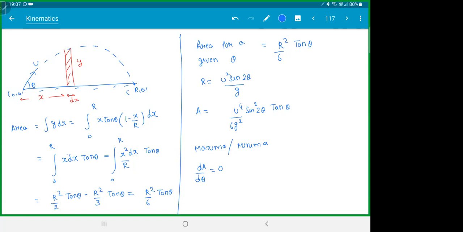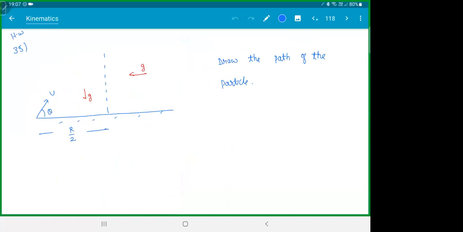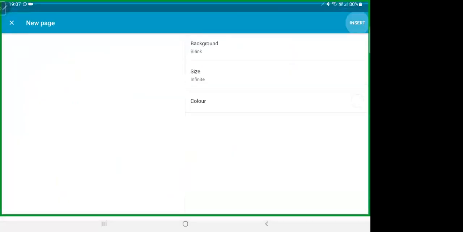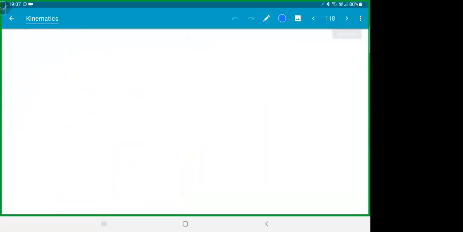Now we have to differentiate this. So dA by d theta.